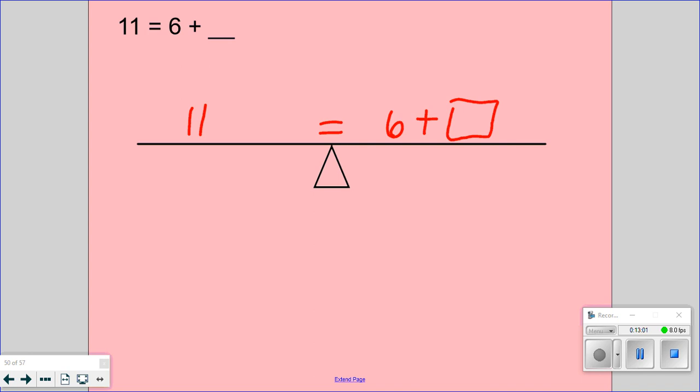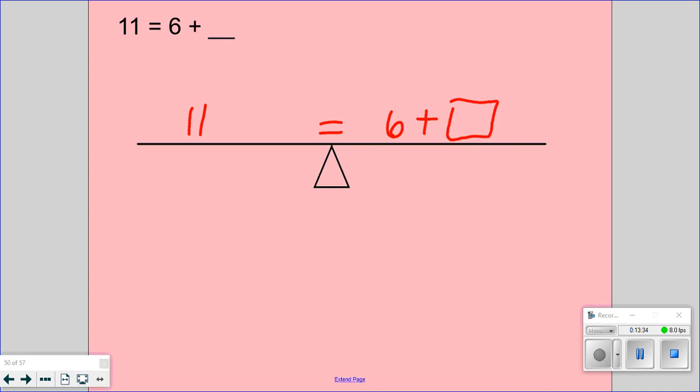See, we're doing this really cool thing. I got a number balance. Watch what's going to happen. Nothing happened. Why did nothing happen? Kaden, why did nothing happen when I put that 6 on the other side of my equation? Because you need a greater or equal number for it to be balanced.